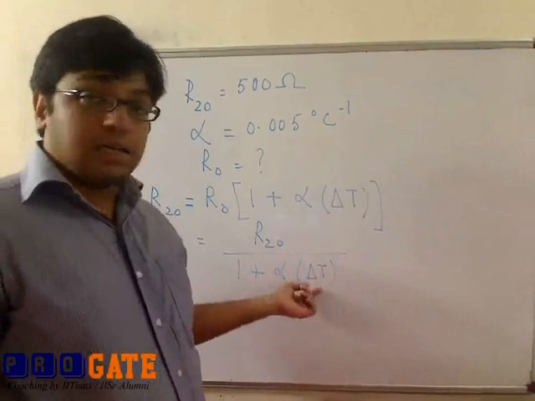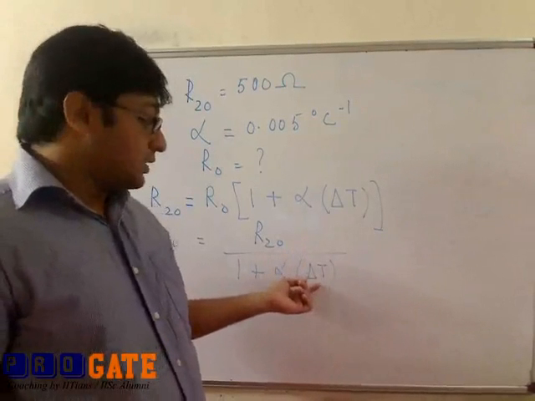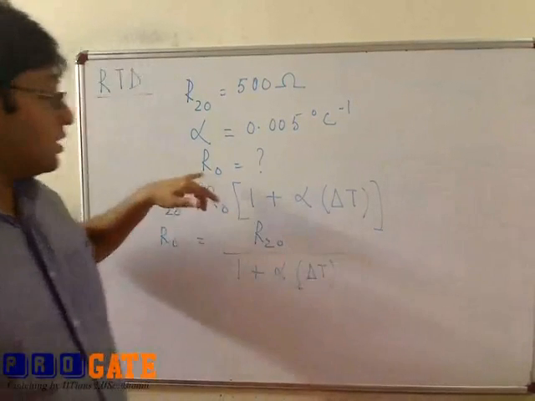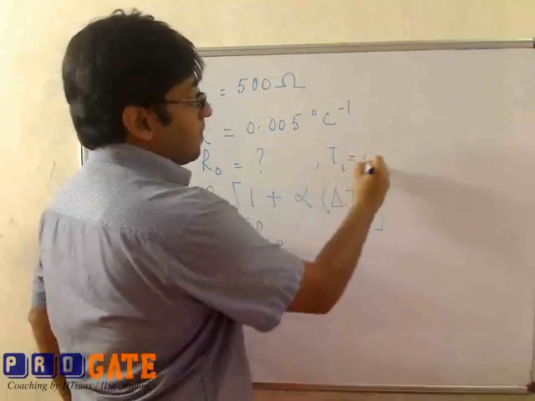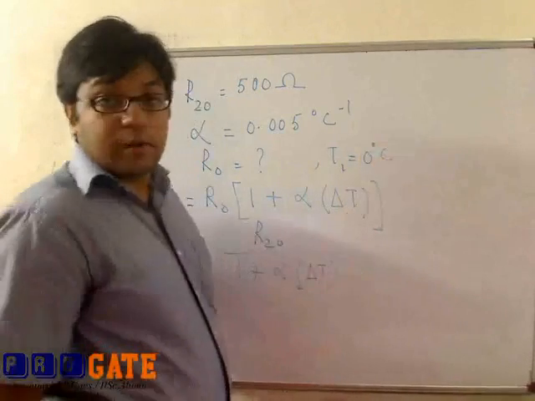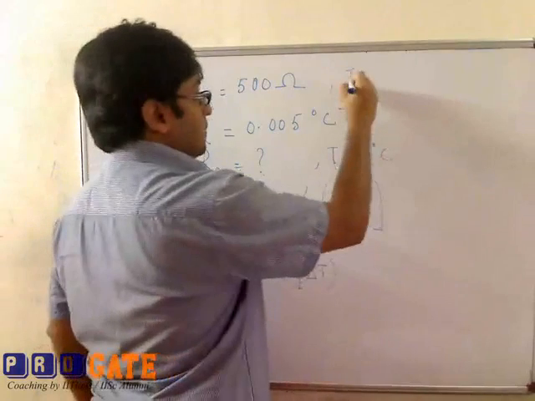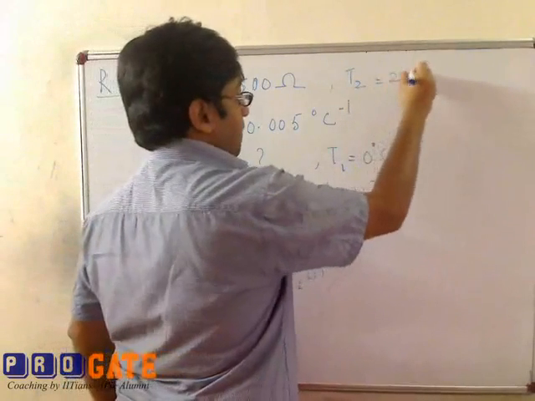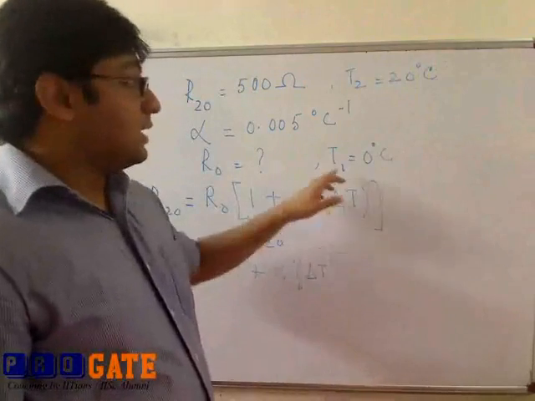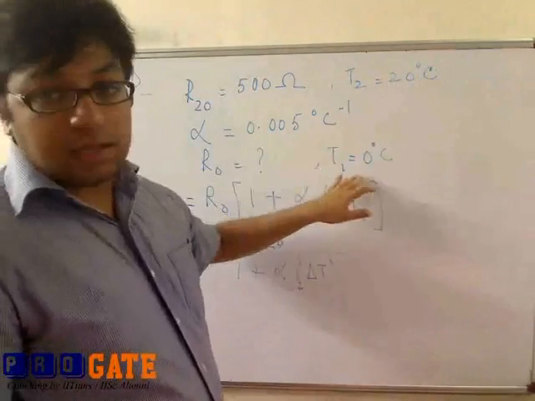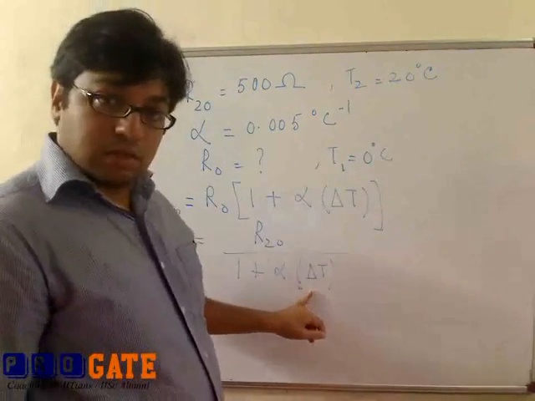What is the value of delta T? That is the change in temperature. The change in temperature is from 0 degrees Celsius to a temperature of 20 degrees Celsius. So delta T is T2 minus T1, that is 20 degrees Celsius.